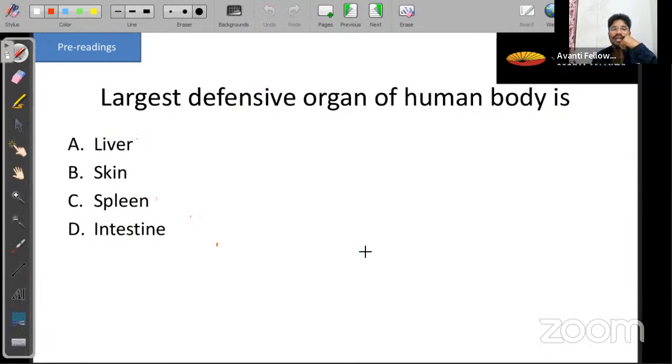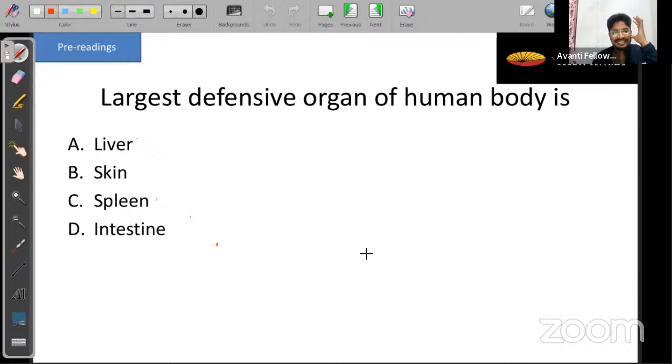Don't worry. One more question is visible on your screen now. Which of the following is the largest defensive organ of the human body? Option A liver, option B skin, option C spleen, option D intestine.